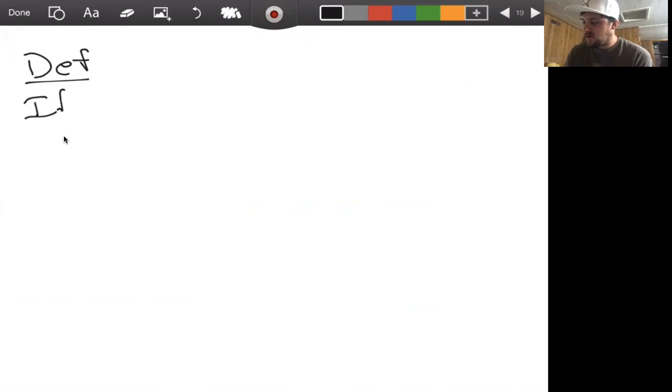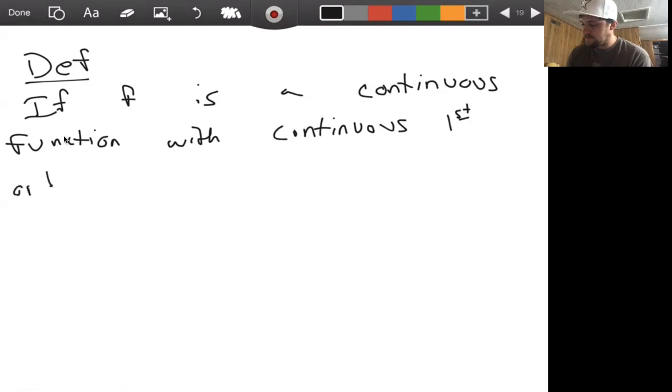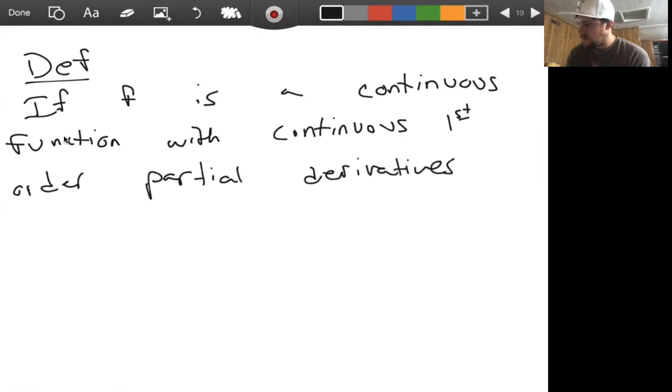So if f is a continuous function with continuous first order partial derivatives, we say f is a C1 function.